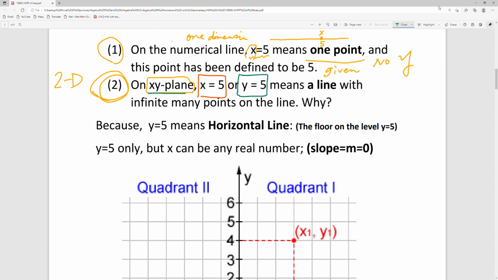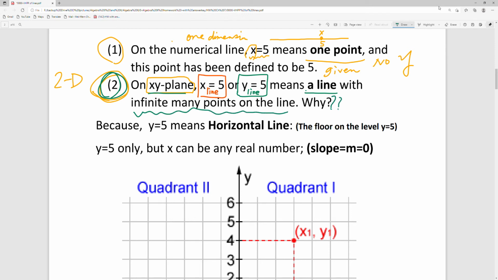On the xy plane, x equals 5 is not one point. It's a line. Also, y equals 5 is another line. That's what I want to emphasize for today. They are both lines, with infinitely many points on the line.